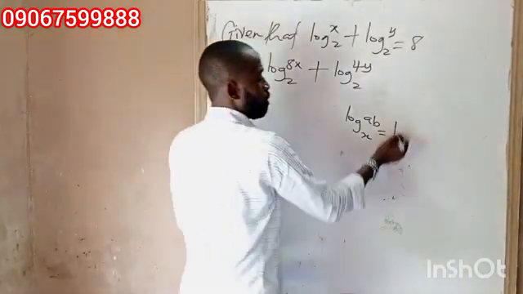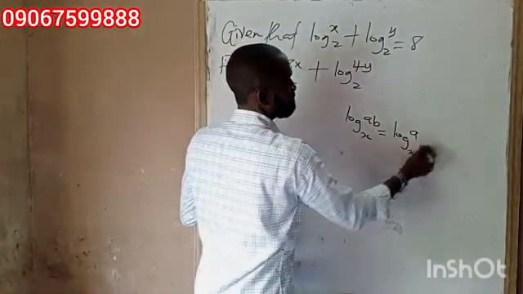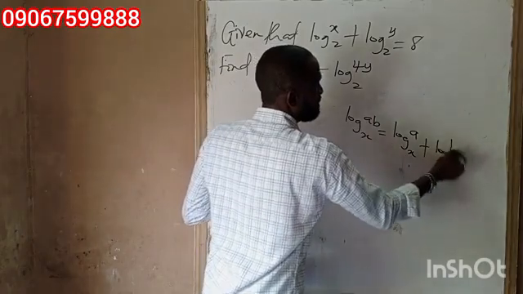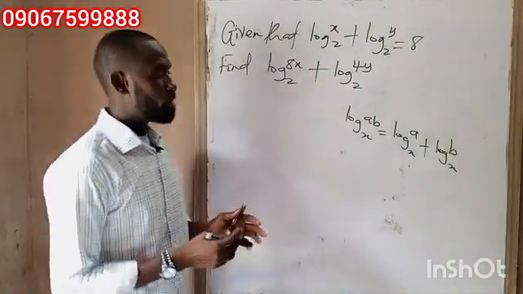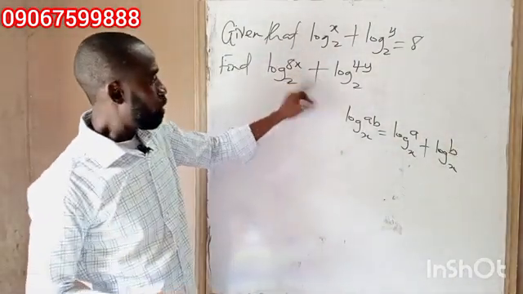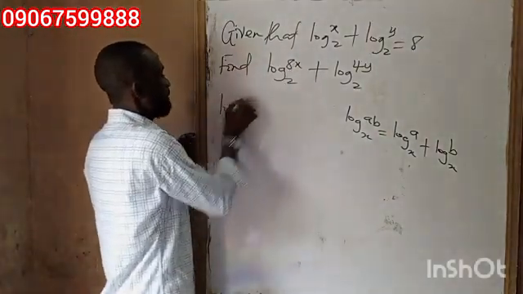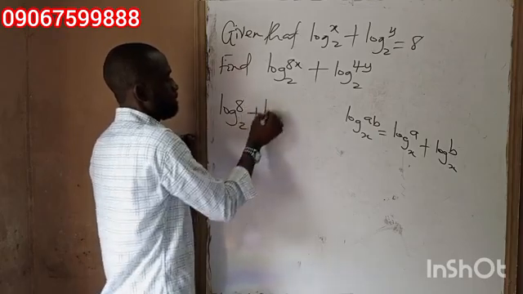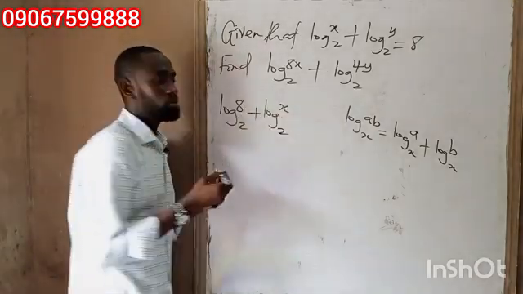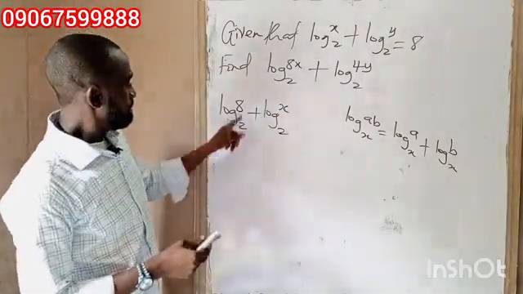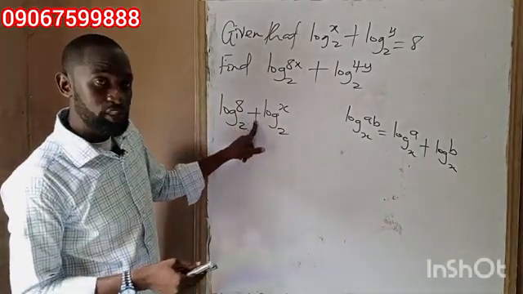It will now be log of a base x plus log of b base x. Are you with me? So I'm applying this law to this one. I'll break it down. So this one becomes log of 8 base 2 plus log of x base 2. You see it? Because if I want to apply it, I have the same base, and the plus between them means I'll multiply.